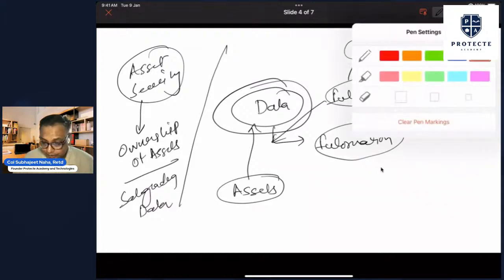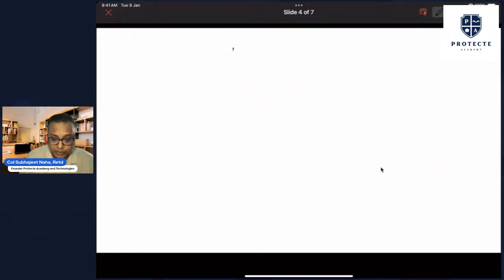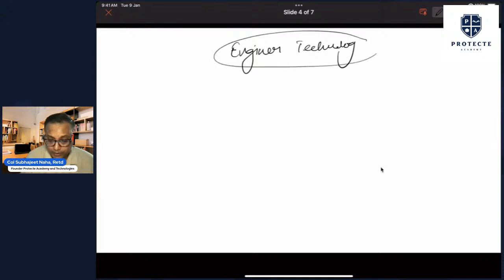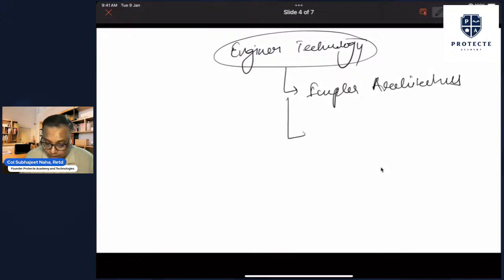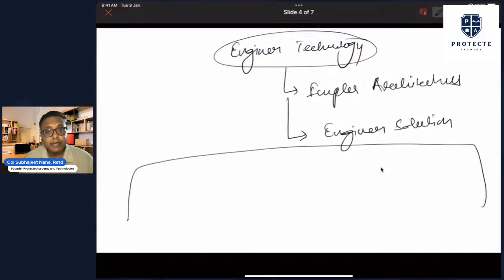Now, to protect anything, you need to engineer technology, because ultimately you are protecting technology assets, right? And how to implement architectures and engineer solutions for major technologies.